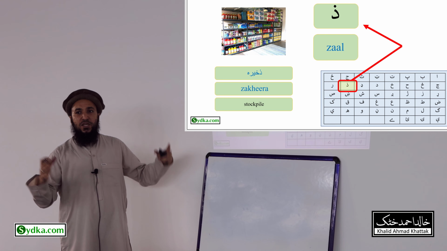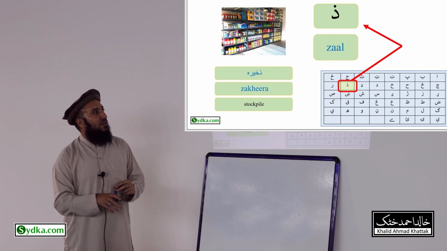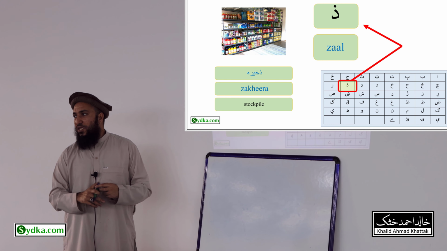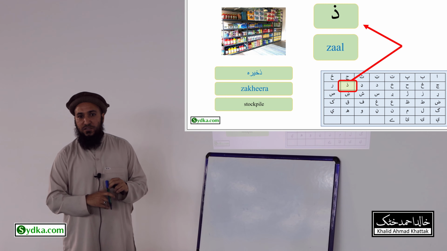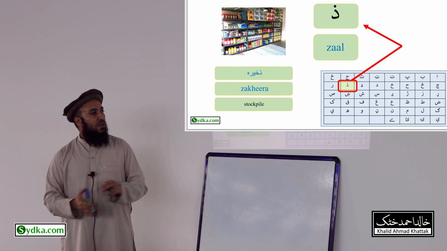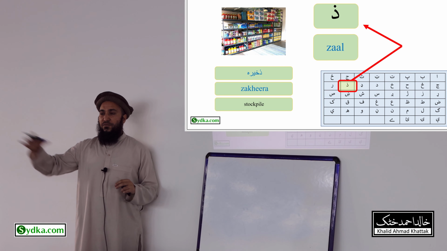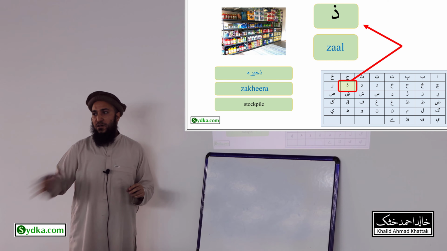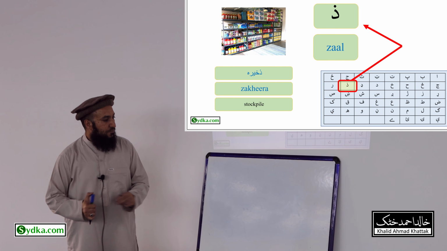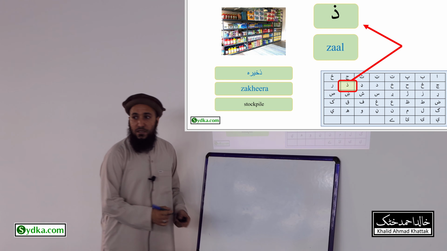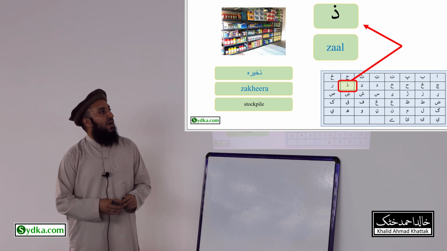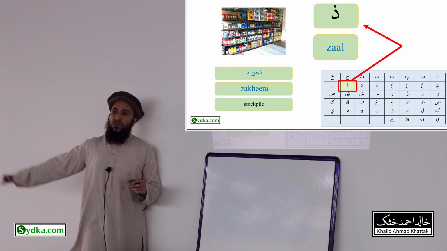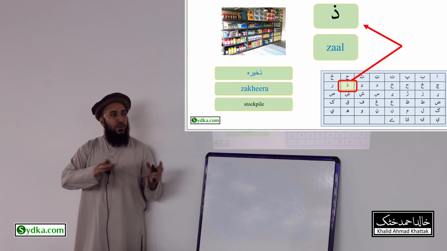Zakhira is specific. You collect different types in stockpile. Zakhira and dozi is normally haram in Islam as well. You can't do zakhira and dozi. You can't do stockpiling, because if something is needed in the market and you stockpile it, it's haram. You're not allowed to do it. Even for shopkeepers though? Zakhira is if everything is available in the shop everywhere. If you do it, then it's fine.